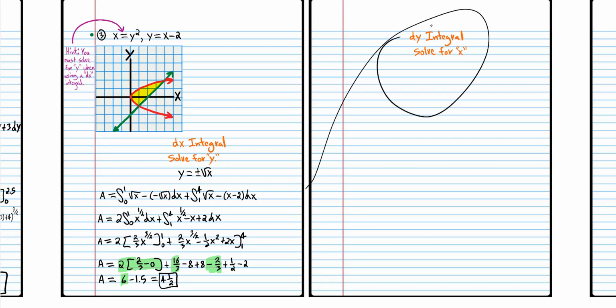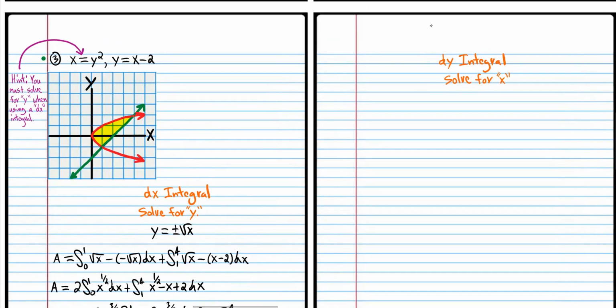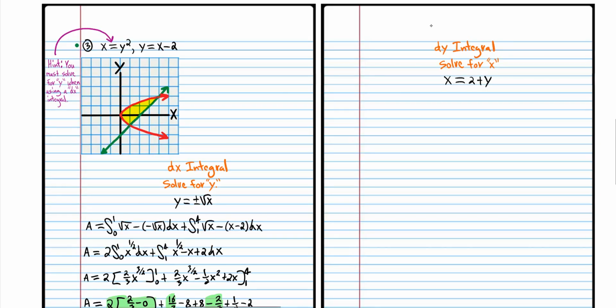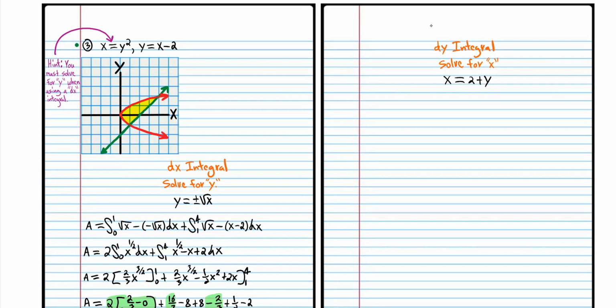Now we're going to use a dy integral, and it's important that everything is solved in terms of x. So this equation here must be solved in terms of x. So we must have x is equal to 2 plus y. So be aware of that. Your limits of integration are going to be y values.